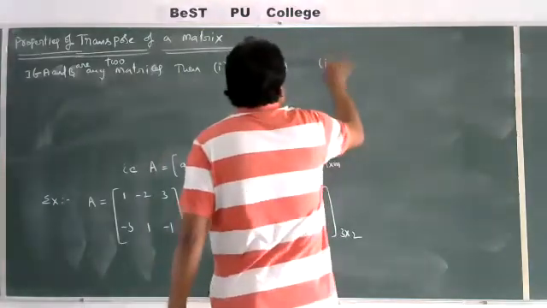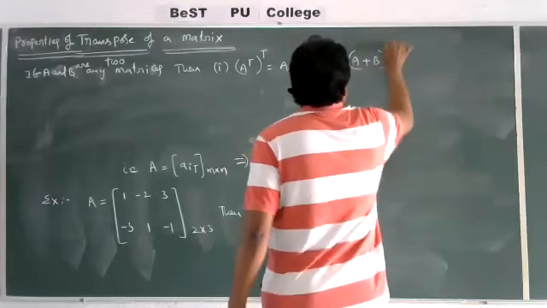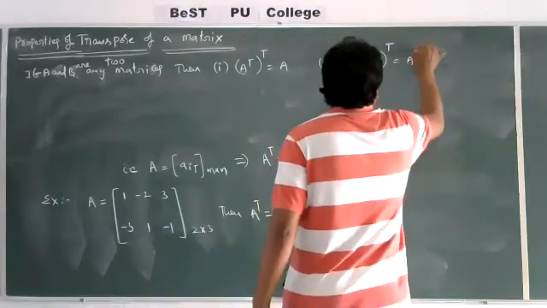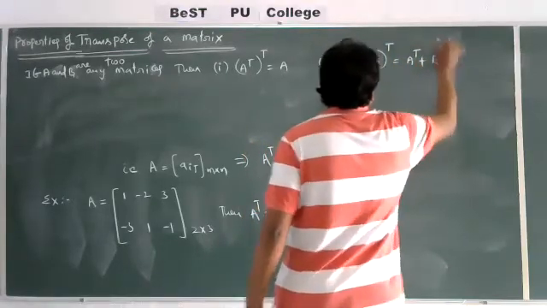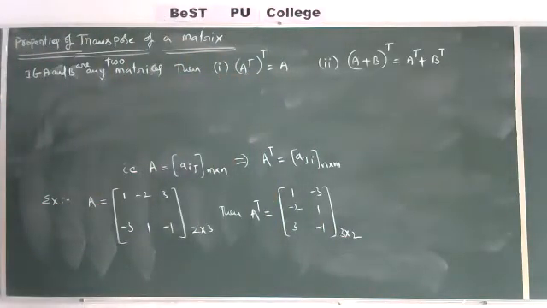Second, A plus B whole transpose is equal to A transpose plus B transpose. Just check them, you get the same value. First, you take any two matrices, adding both the matrices, then write the transpose, that is LHS.